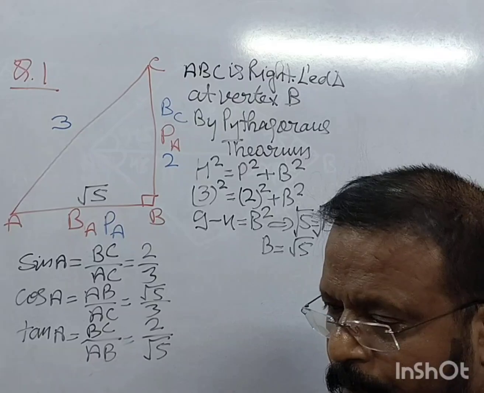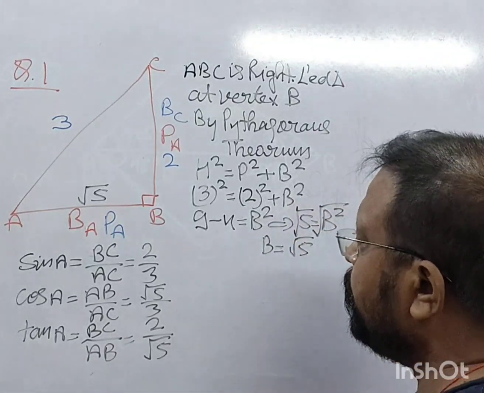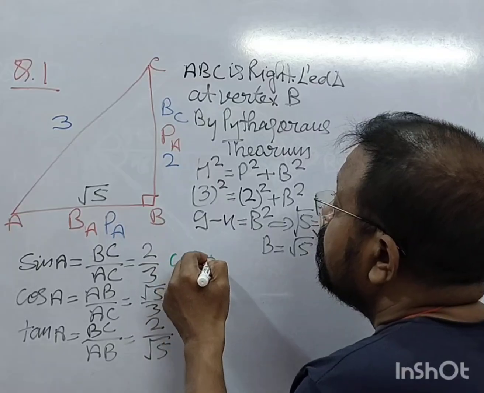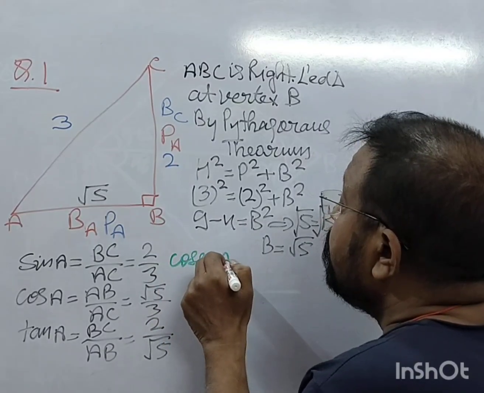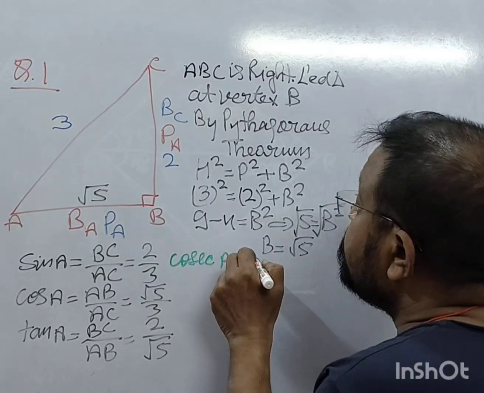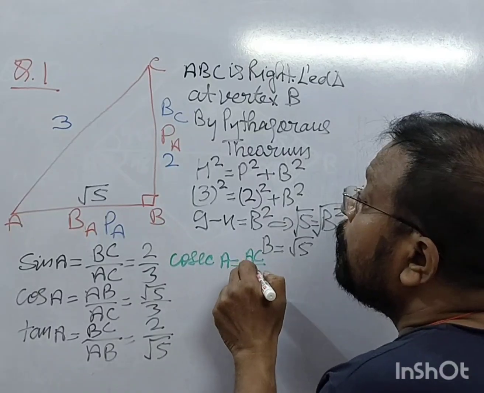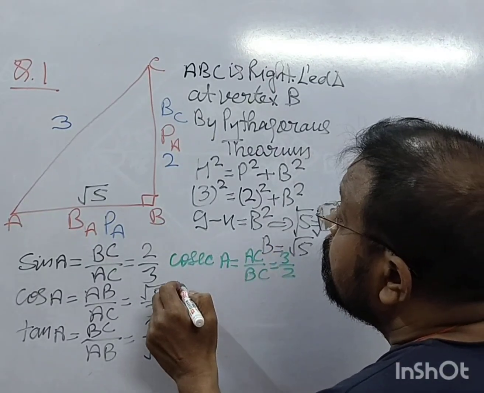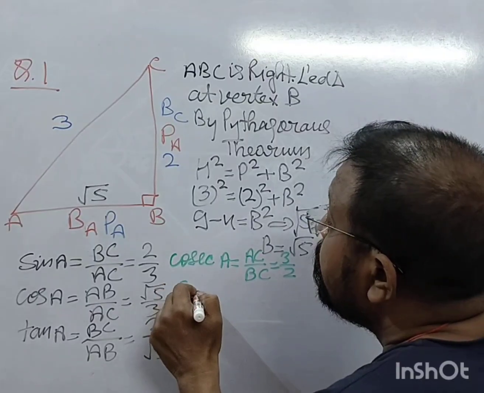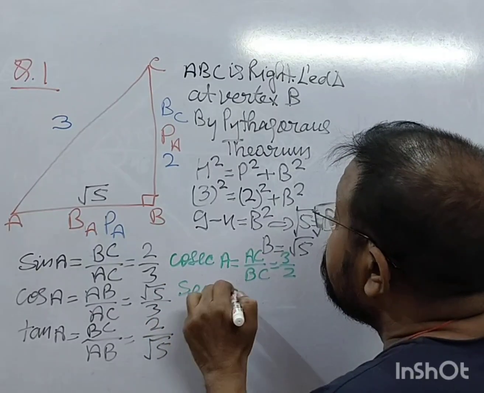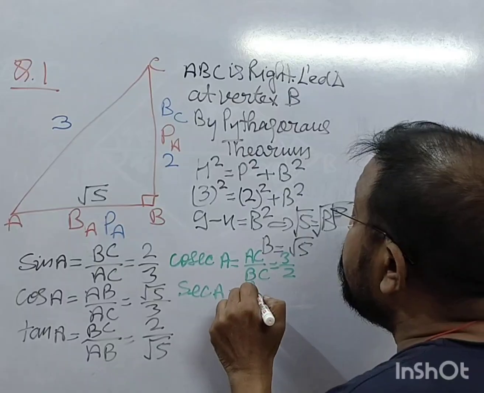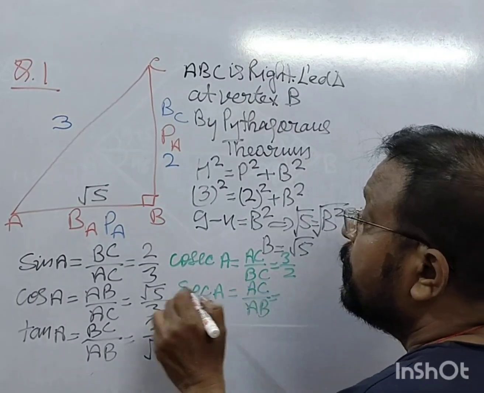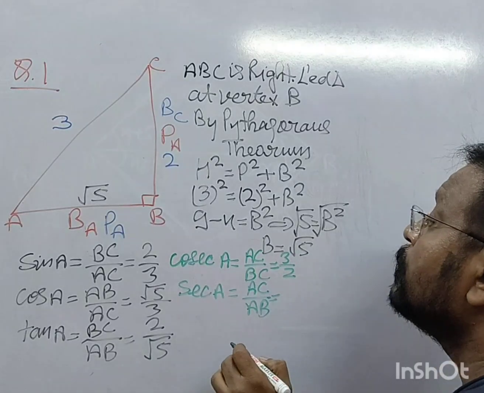Now, if you go for cosec A, then it is AC upon BC. It becomes 3/2. Sec A is equal to AC upon AB is equal to 3 by root 5.